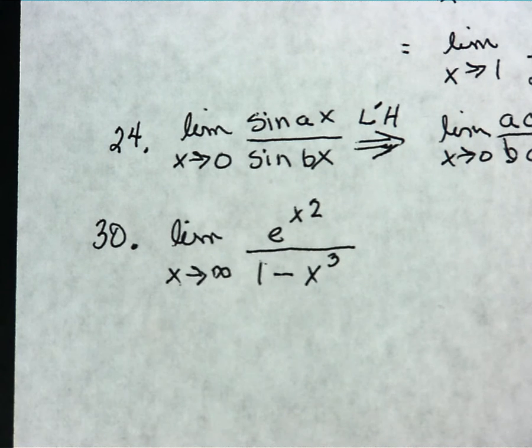Can you squint and tell me what you think is happening with that fraction as x gets infinitely big? Tell me what you think. But the numerator is going to infinity, so it's probably infinity.